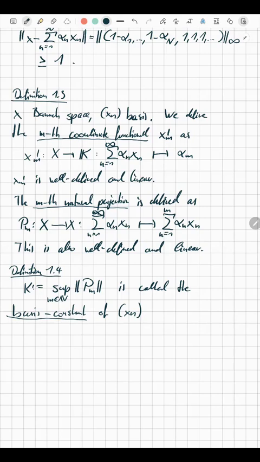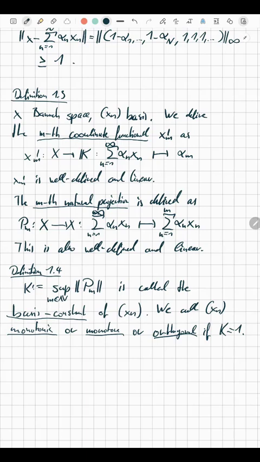Now, we can talk of a basis constant of x_n since these natural projections depend in their definition on x_n, so they do contain information about that basis. And then we can, from this, call x_n monotonic or monotone or orthogonal if the basis constant is equal to 1.